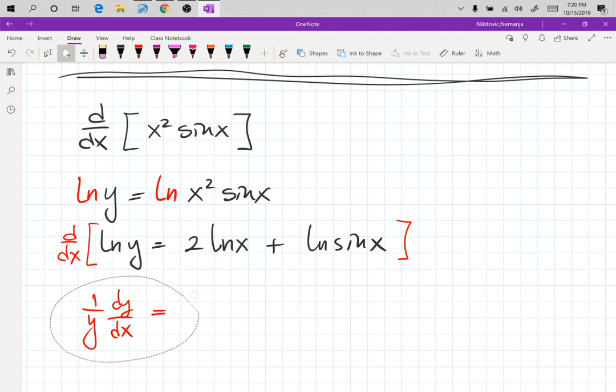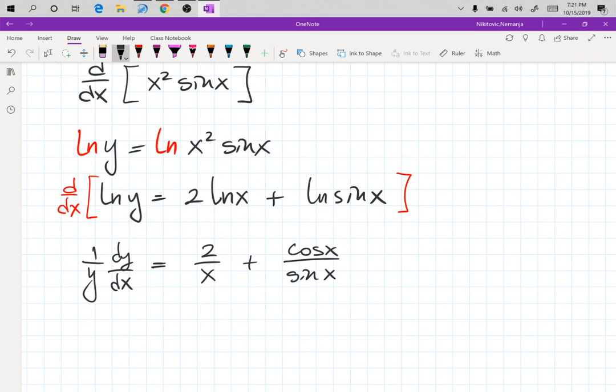On the right-hand side, you have the derivative of ln x, which is 1 over x, so 2 over x. Plus, you put the sine in the denominator and its derivative in the numerator. So now dy/dx is equal to y times 2 over x plus cotangent x.